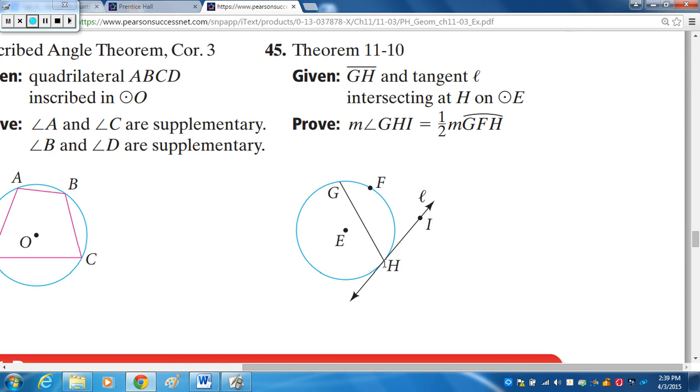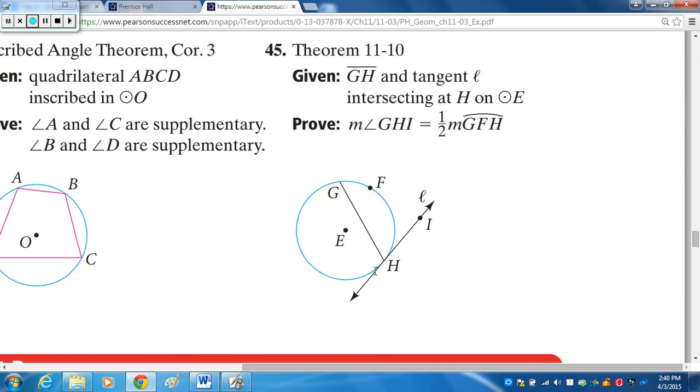We're going to look at the other angles that are within the picture, which would be this angle here and this angle here. What do we know about these two angles? We know that the sum of those two angles is 180. You told me that the measure of the degrees of the circle were 360. Relationship there: one's half as much as the other. If we take that a step further, this angle here has to have a relationship with this angle here, and this angle's relationship is tied to this arc.